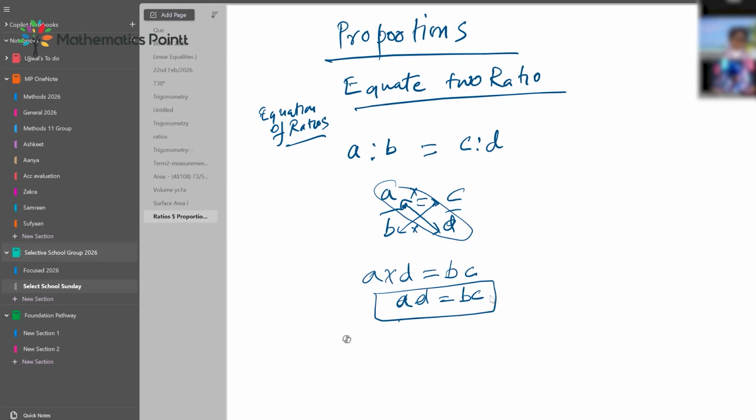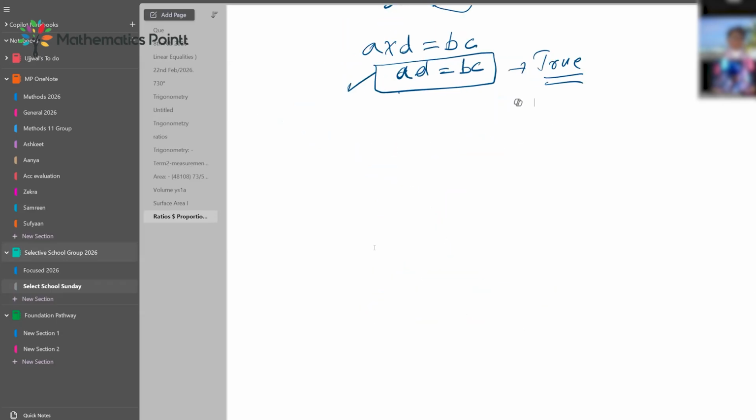So the rule is, if two ratios are equal, then this has to hold true, the cross multiplication. Now, this cross multiplication helps us solve a lot of algebraical problems.